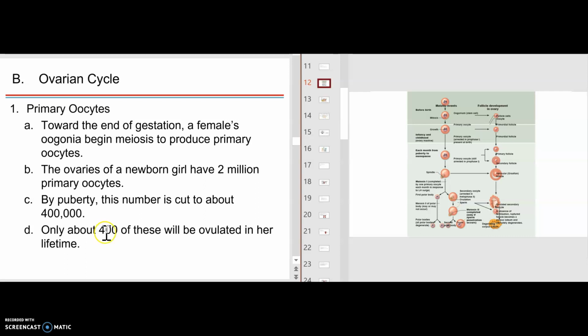Now that'll be more than 400, so this is a median value. So in this case, you take 12 months because the female ovulates once a month under usual circumstances, and divide that into 400, so that's about 33 years. So anyway, that's where they get this, just a rounded number. It's an estimated number.